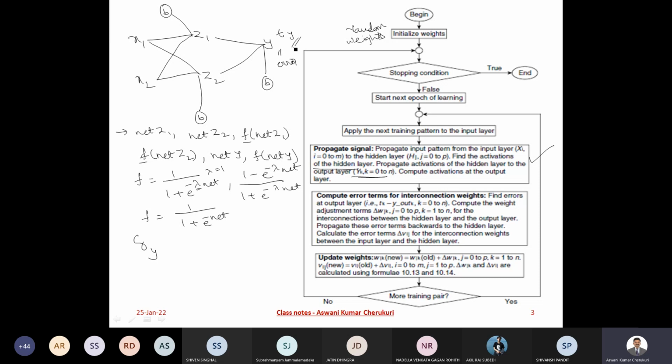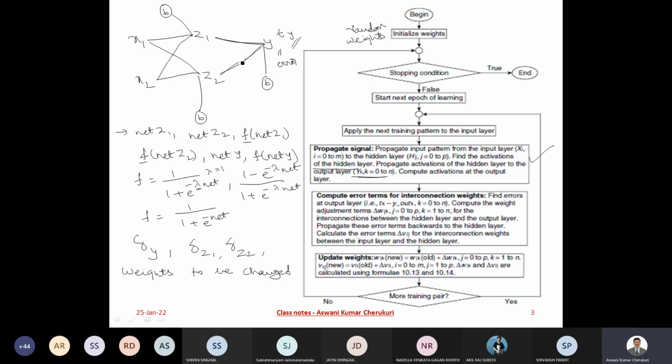Once I calculate del y, I need to send this back to Z1 and Z2. So I need to calculate del Z1 and del Z2. Once I have these terms, the weights get updated. So I need to modify these connection weights.